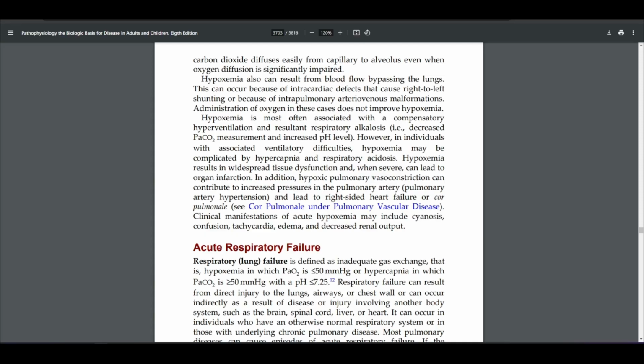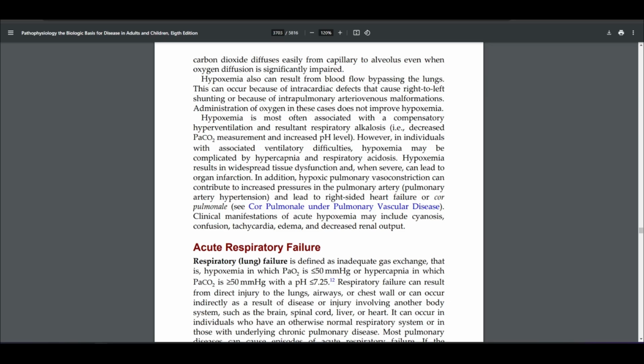Hypoxemia is most often associated with a compensatory hyperventilation and resultant respiratory alkalosis. However, in individuals with associated ventilatory difficulties, hypoxemia may be complicated by hypercapnia and respiratory acidosis. Hypoxemia results in widespread tissue dysfunction and, when severe, can lead to organ infarction.